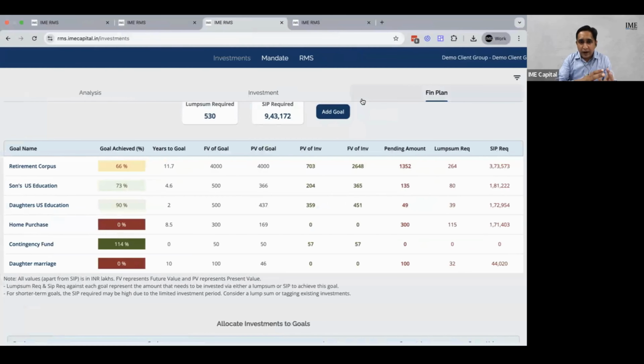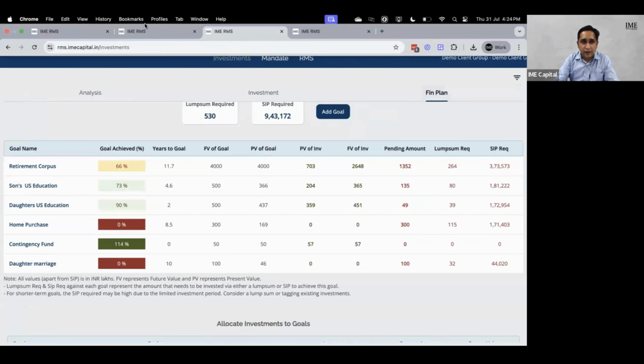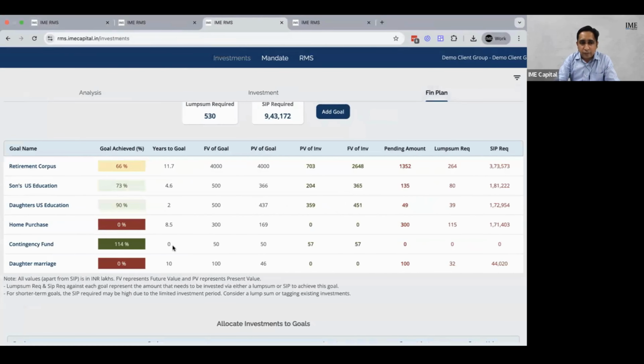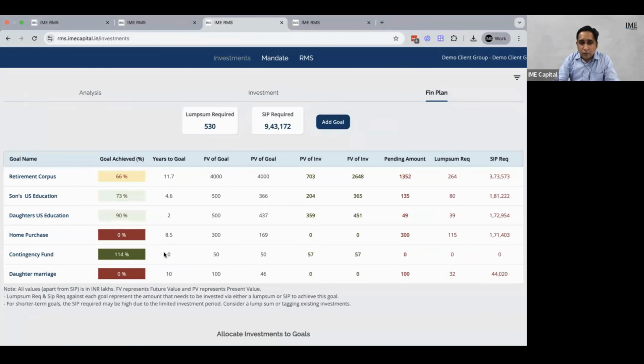Now, going back to the demo client that we had taken, if we look at the financial plan, this client has a need for a contingency fund, which is an immediate goal. You have a daughter's education coming up in the near future, and the son's education coming up in the medium term.